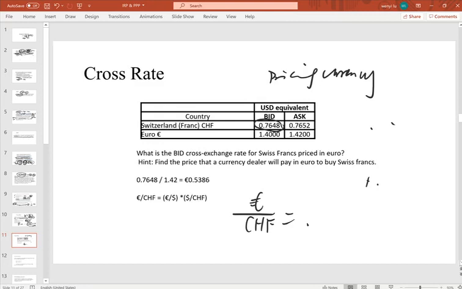This one is for one Swiss franc, equal to how many dollars? And for these two, it's for €1, equal to how many dollars?